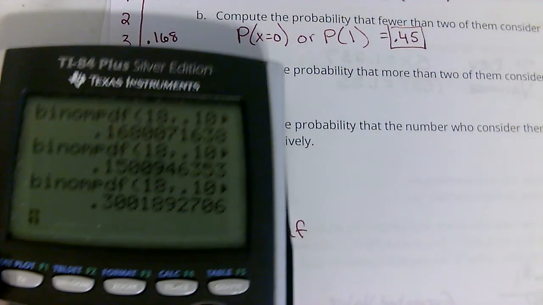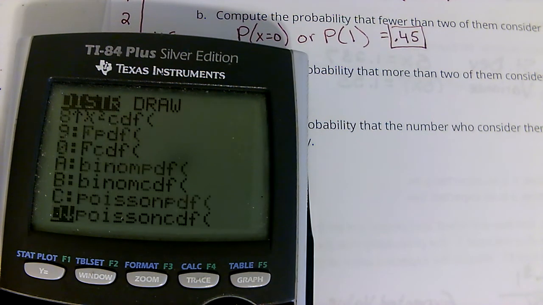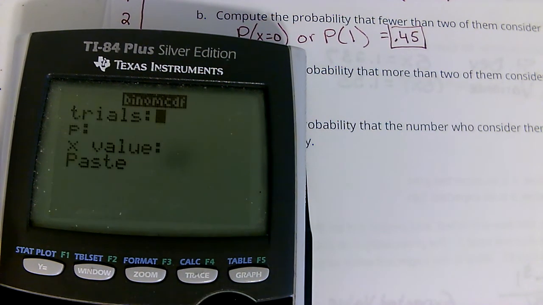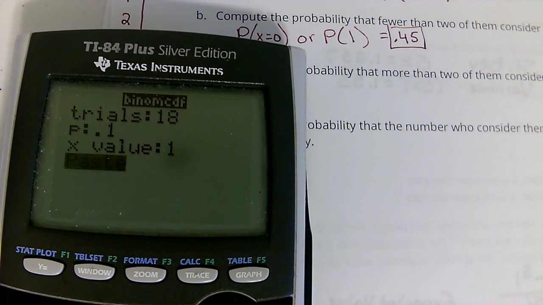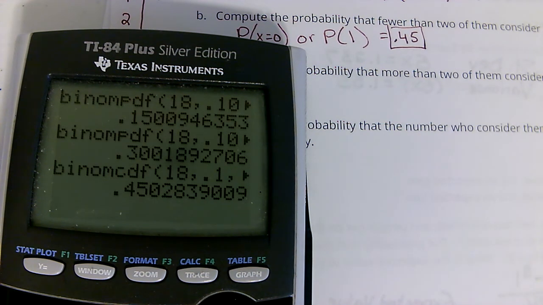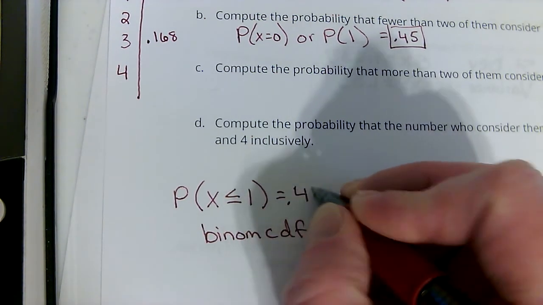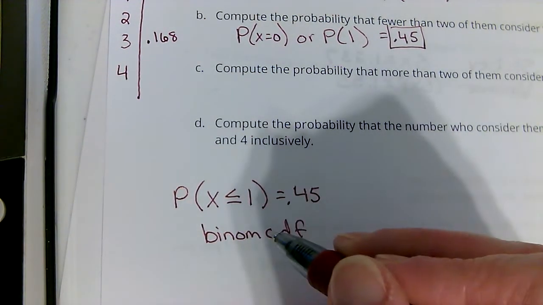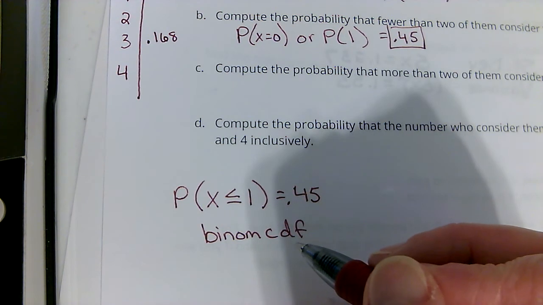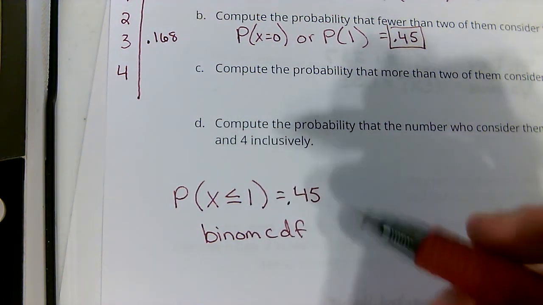So second distribution, CDF, 18, 0.1, and less than or equal to 1 gives me 0.45 as well. So if you want to do a less than or equal to, that would be CDF, or you can just make a table of it, whichever way.